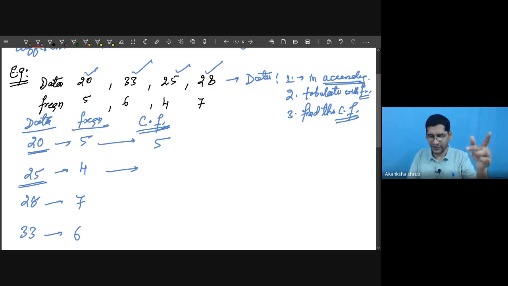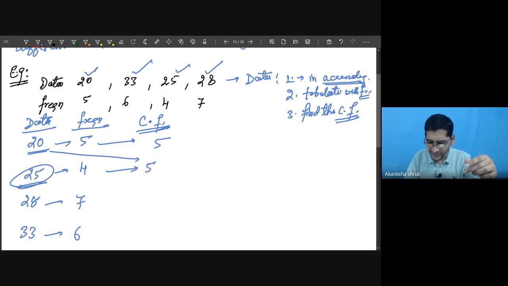Data up to 25 includes the data 20 also. So I need to take the 5 for the 20 as well as this 4 for the 25. So it becomes 9. Therefore, the writing is also getting modified.